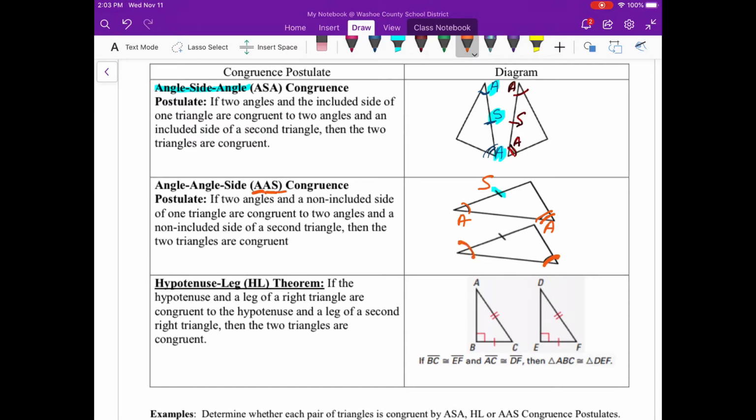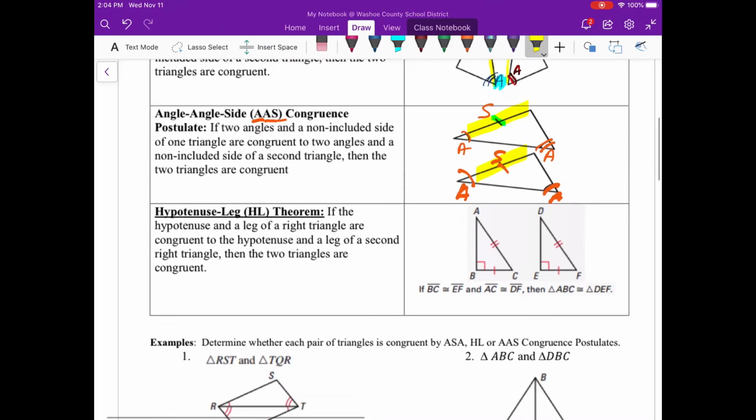Same thing over here, we see an angle, and then a side, so it's angle angle side. The difference between the second one and the first one is the side is sandwiched between my two angles in the first example, whereas over here my side is at the end. It's after the two angles are labeled.